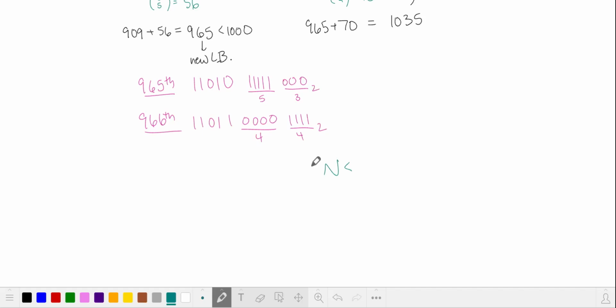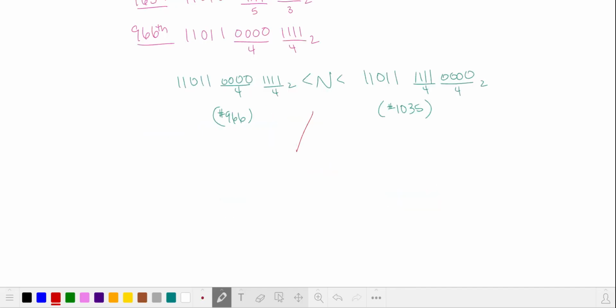And now we'll rewrite our bounds on n again from the 966th number to the 1035th, and we'll divide these numbers into 2 categories. Numbers that begin with 110110 and 7 more digits, or numbers that begin with 110111. Out of these 7 digits, we have 4 more ones for 35 ways. Here again, we have 7 digits.